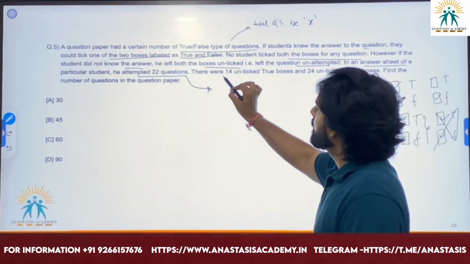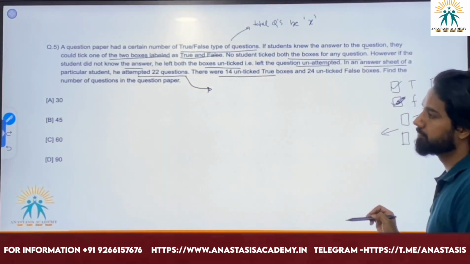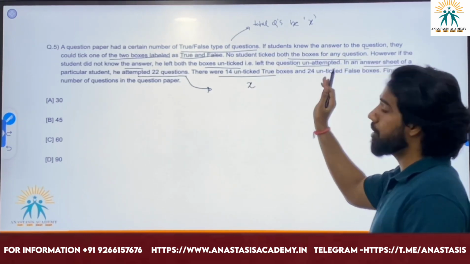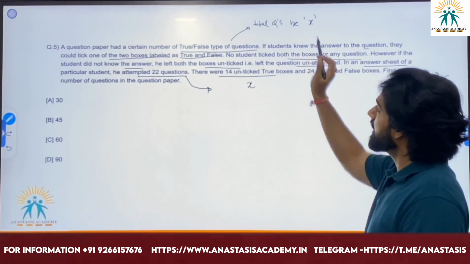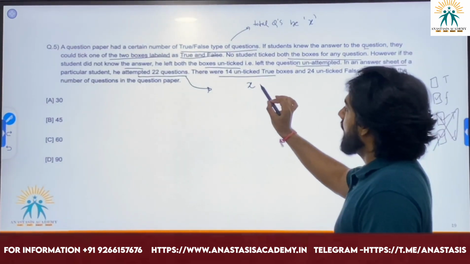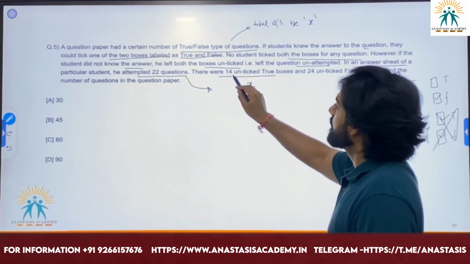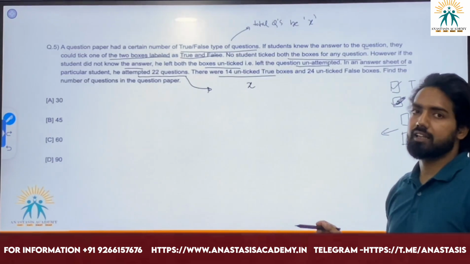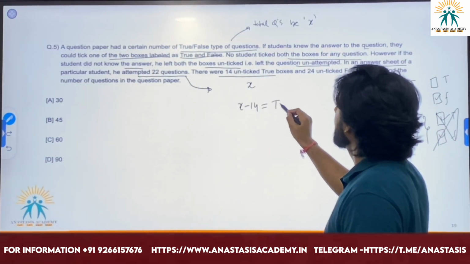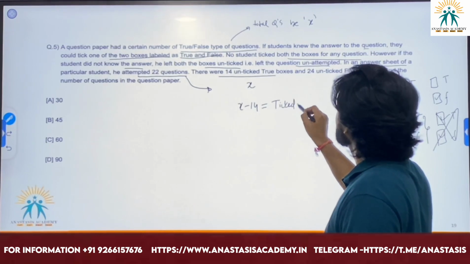There were 14 unticked true boxes. Out of the total x true boxes, since I have assumed total questions to be x, 14 unticked true boxes are there. So x minus 14 are the ticked true boxes.